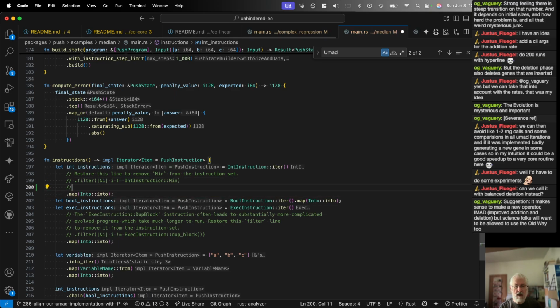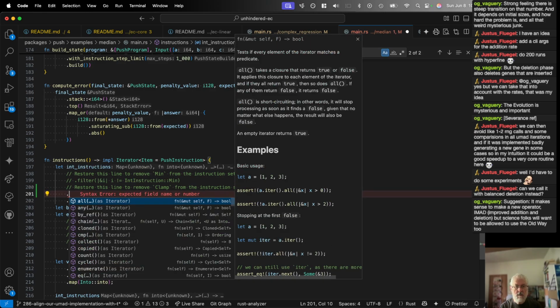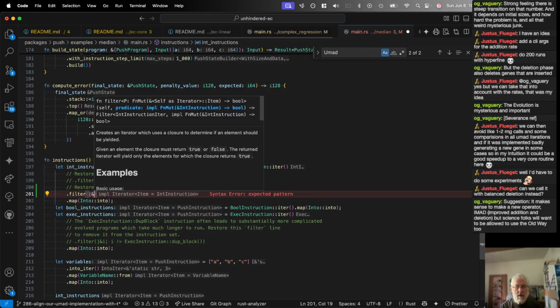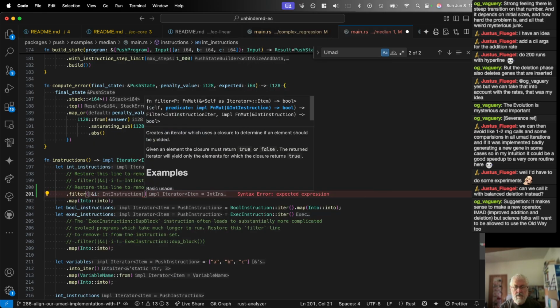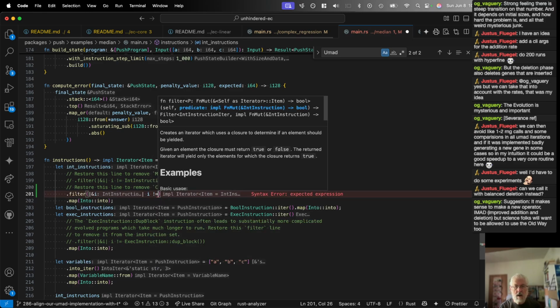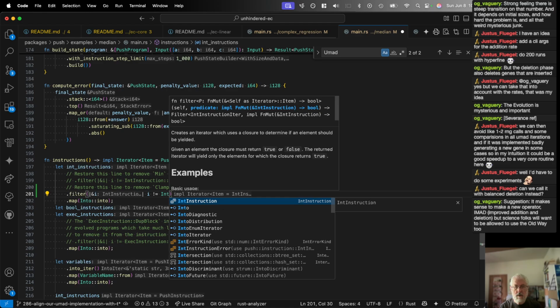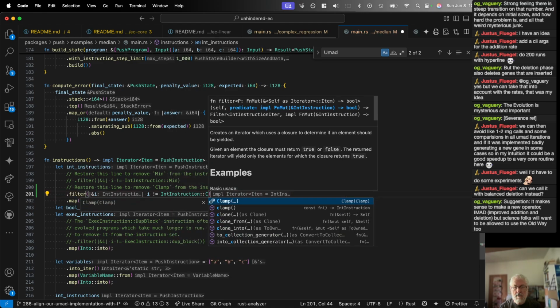we should actually store this line to remove clamp from the instruction set. Dot filter, I not equal to int instruction clamp.